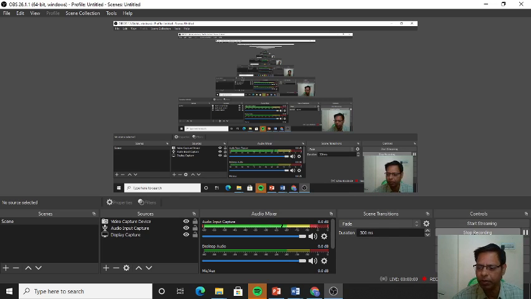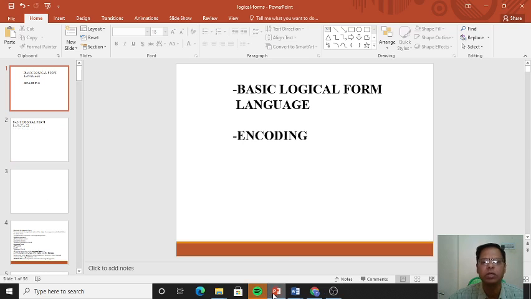That is about the basic logical form language encoding: how the request received is transmitted to the system and from the system to the end user, how it is encoded and decoded, we are going to discuss now. So these two topics we are going to discuss now.